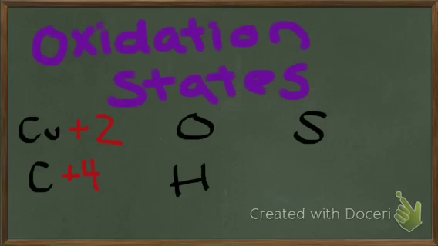O is oxygen, and it is in group 6. Therefore, it has an oxidation state of -2, because it is missing 2 electrons to have a full electron shell to complete the octet rule. H is in group 1 and has a state of -1, and S is in group 6, and as well as oxygen, it has a state of -2 because it is missing 2 to have a complete octet.